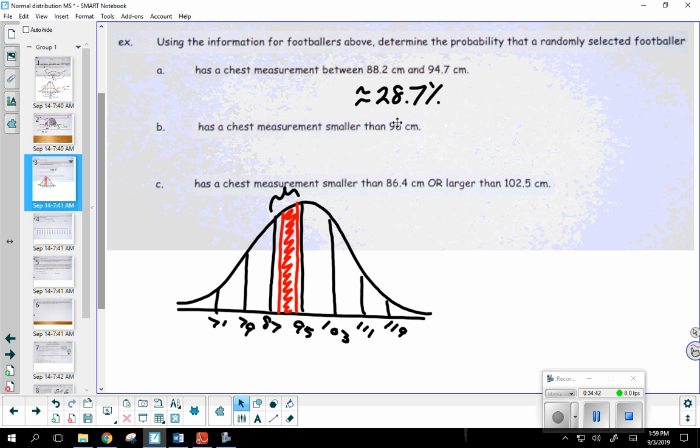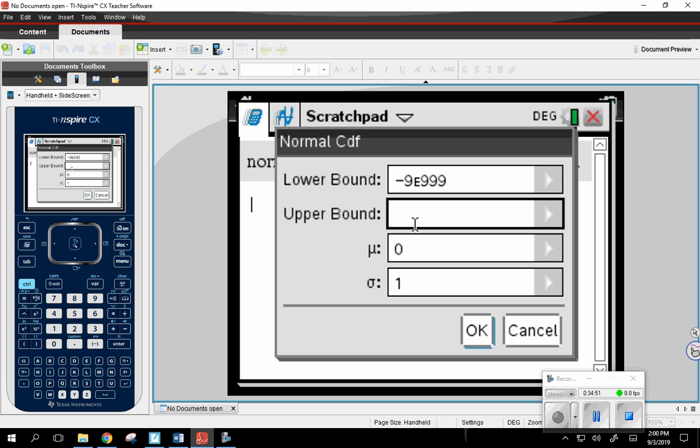We want smaller than 96. Would you say 96 is the upper or the lower? It's the upper. Now, when you come over here, I'm going to go ahead and put in the upper. You'll notice every time you pull up this normal distribution, a lower is already input for you. So see, negative 9E999. What does that E mean?